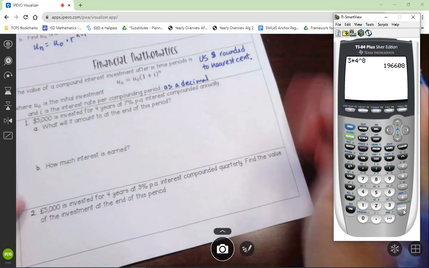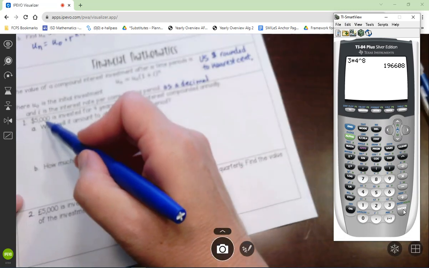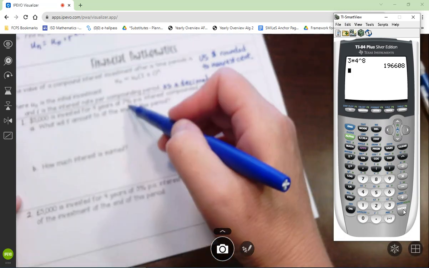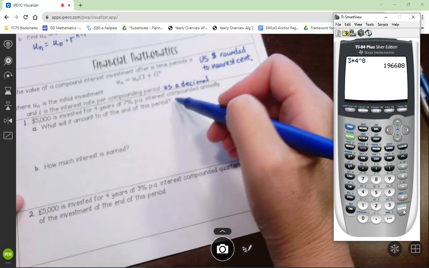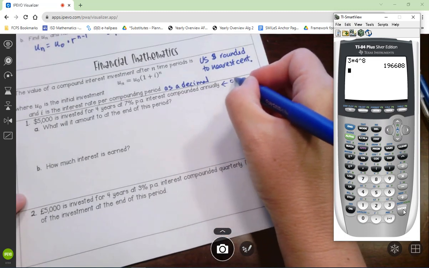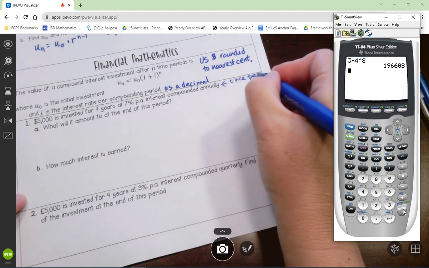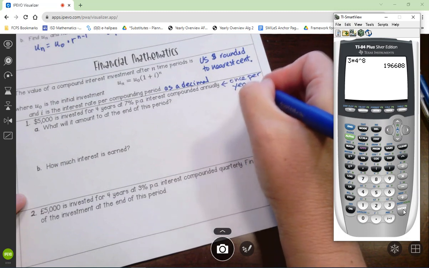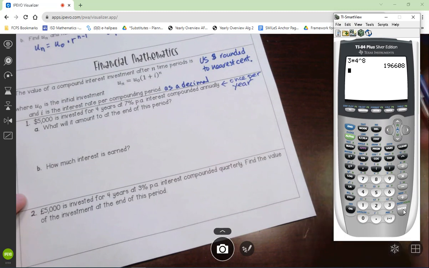So let's identify the components here. $5,000 is invested for 4 years at 7% interest compounded annually. That's 1 time per year. All right, what will be the amount at the end of this period?